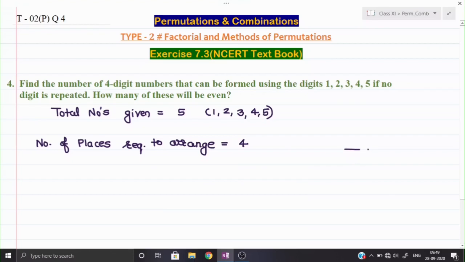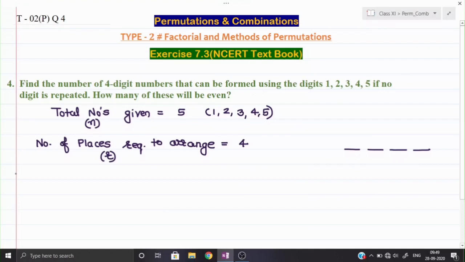So we are looking at the general permutation right now. So 1, 2, 3, 4. 4 places are there. On these 4 places, which numbers can come? Either 1 or 2, 3, 4 or 5. So we can say that this will be the value of n and this will be the value of r. These are the general permutations we are finding.